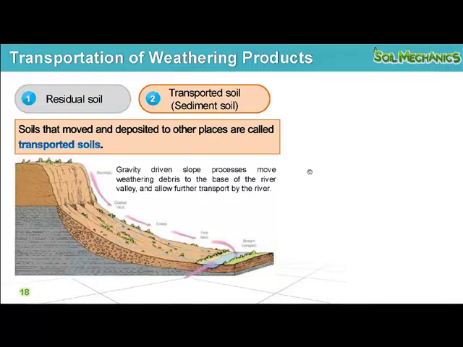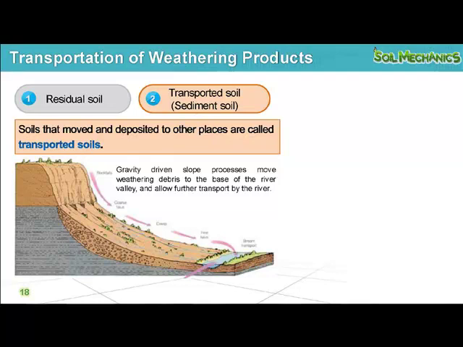Let's move to transported soil, also called sediment soil. Soil that moves and is deposited in another place is called transported soil.